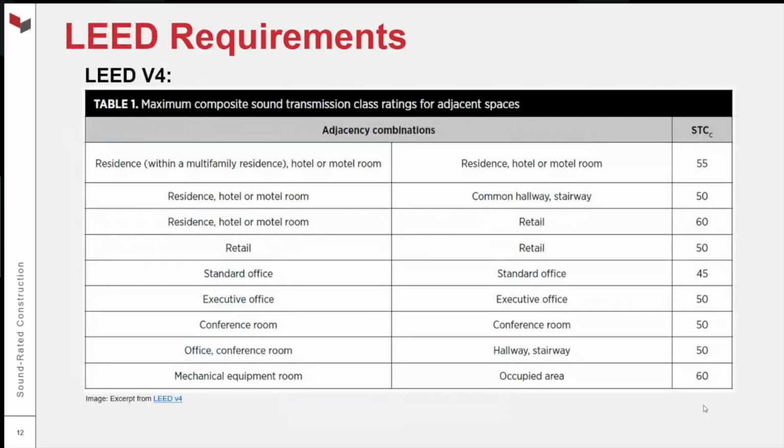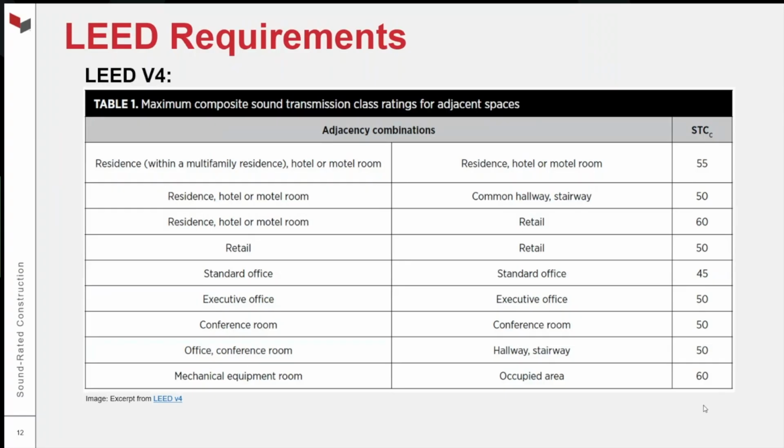Here's an excerpt from LEED. The next two examples I'm going to show you, one from LEED and one from FGI, are very similar in terms of showing you these adjacency combinations. A lot of these standards where they reference STC or minimum STC requirements are based on adjacencies. This type of room next to this type of room, you need to have a minimum STC of this. So that's what you're seeing here.